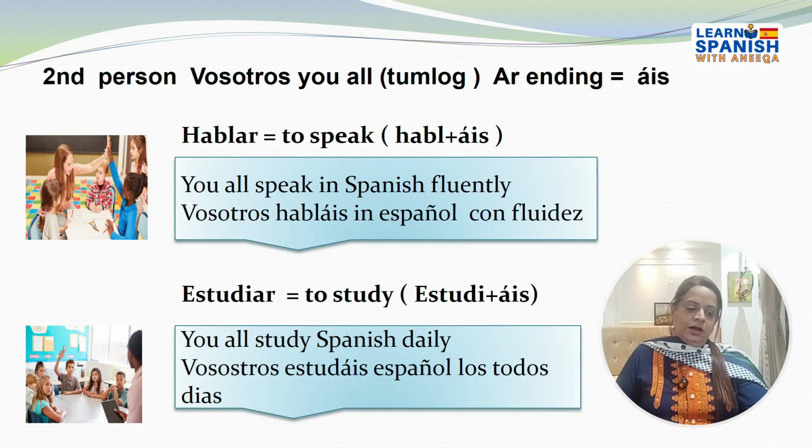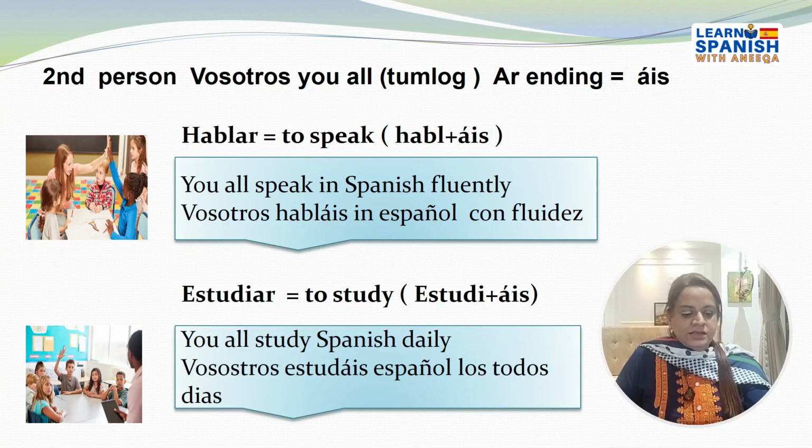Now another example is estudiar. Estudiar is to study. Now here again, see, the teacher is telling the students, you all study Spanish daily. Vosotros estudiáis español todos los días.